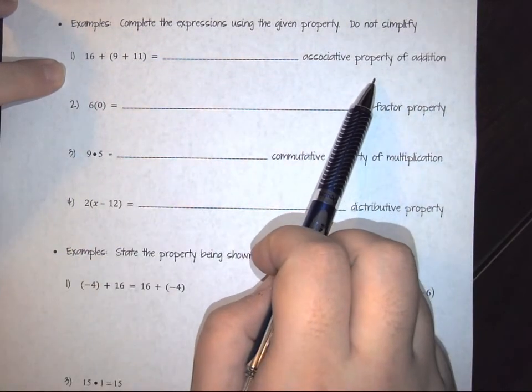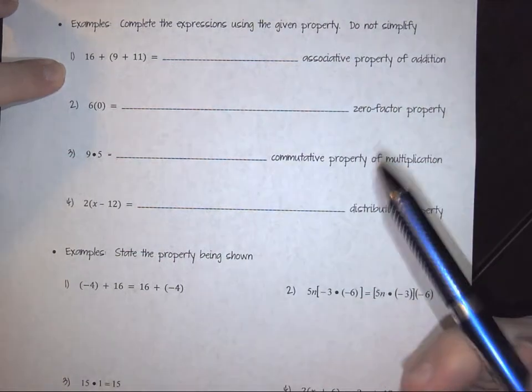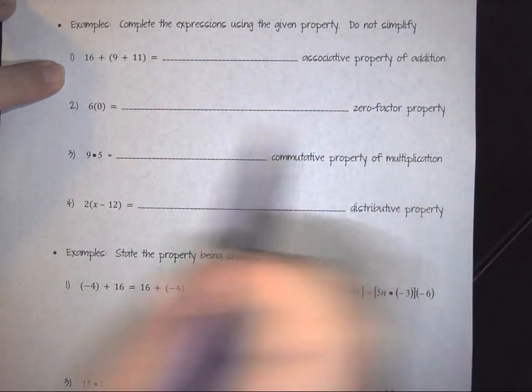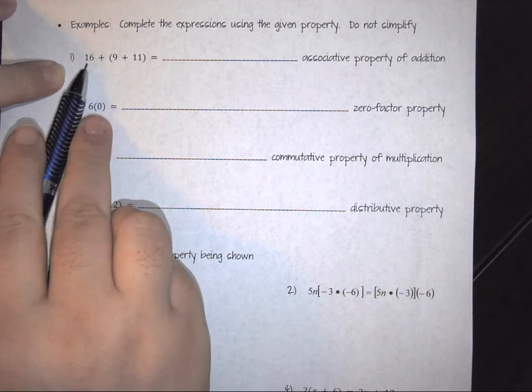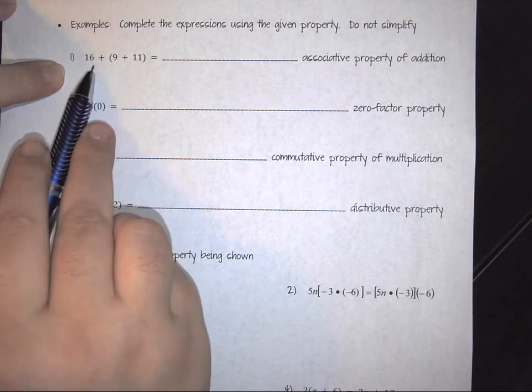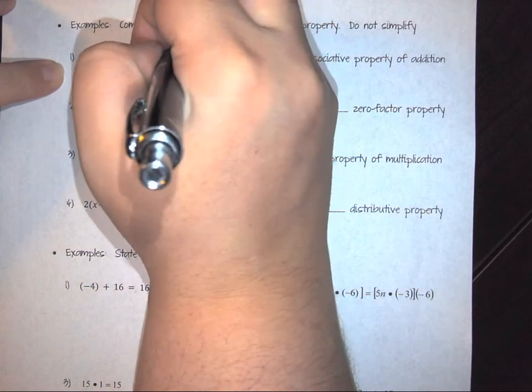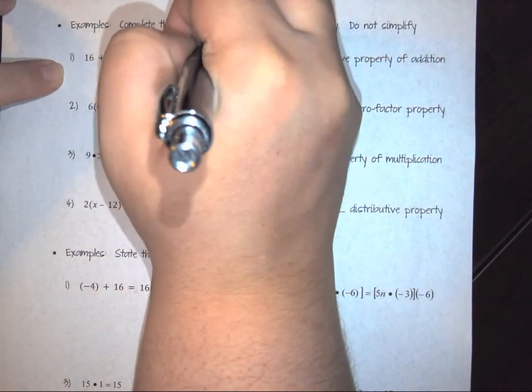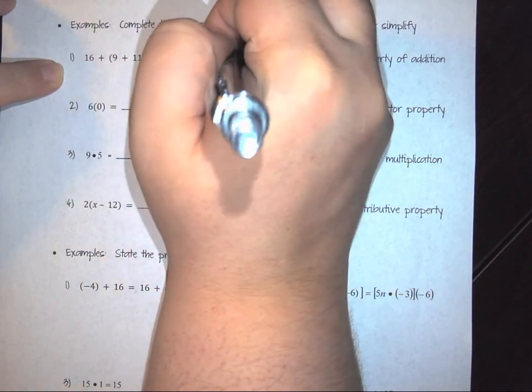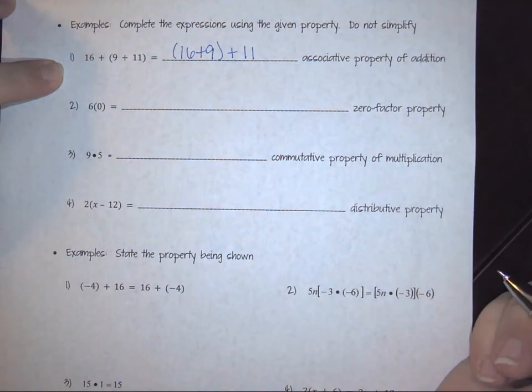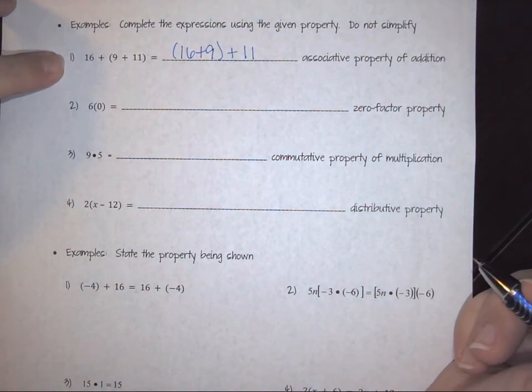The property I want to use is the associative property. It says if I'm adding the 16 on the outside and then 9 plus 11 inside, that should give me the exact same as if I did 16 plus 9, plus 11. So this is the associative property.